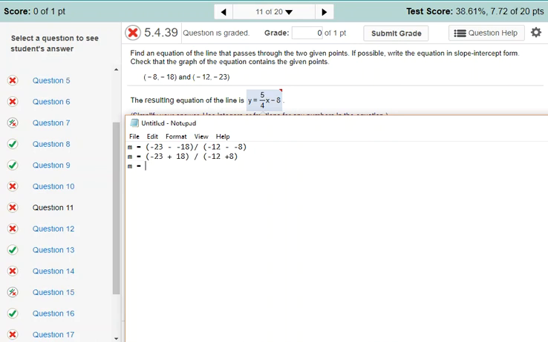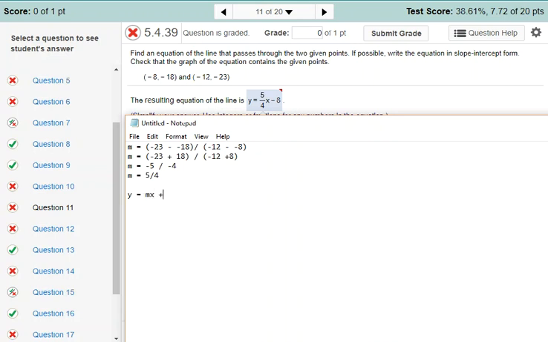So my slope is, okay, negative 23 plus 18, that's going to be negative 5, over negative 12 plus 8, which is negative 4, so double negative on there is the reason that my slope is going to turn out to be a positive 5/4.